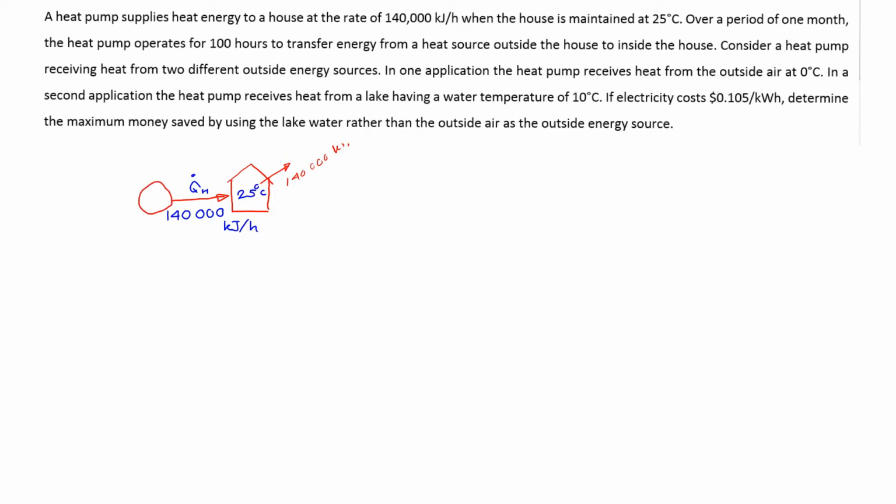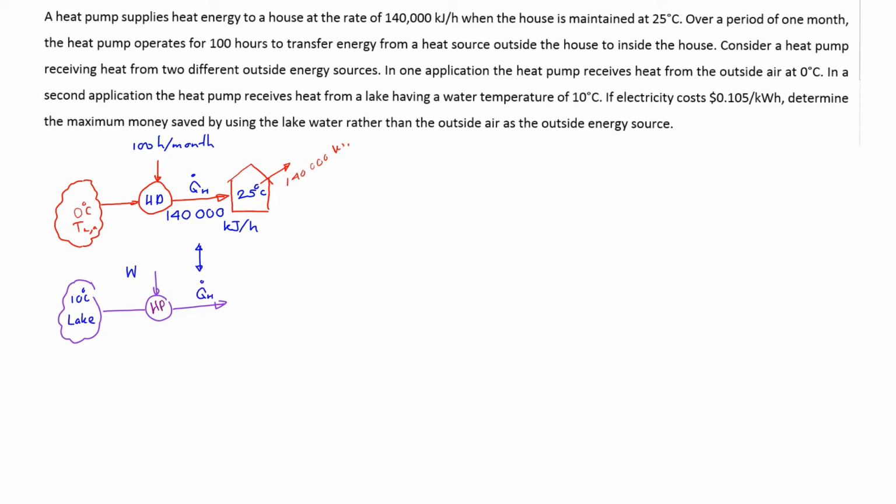Let's call this Q dot H. Now our heat pump is operational for 100 hours per month, and for the first heat pump, the heat source is 0 degrees Celsius. And our other option is using a lake as our heat source. The lake is at 10 degrees Celsius, and the amount of heat that we have to supply to the house is the same as the previous case.